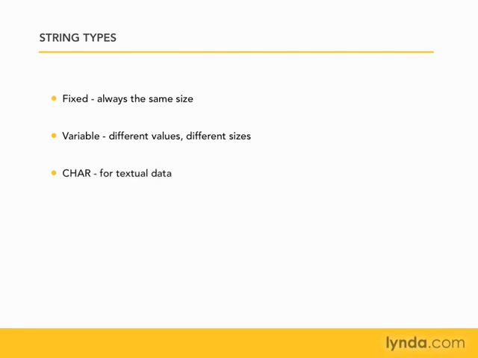Character string types are for storing textual data, and I pronounce C-H-A-R, char. Some people say char. Char is the fixed length type, and varchar is the variable length type. Binary types are for non-textual data. Binary is the fixed length type, and var-binary is the variable length type.